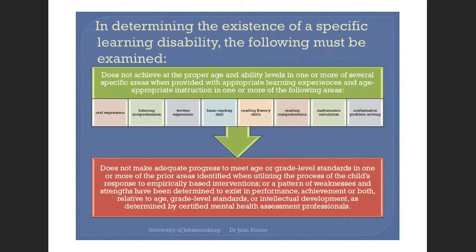So these are what we call the specifics, the specific areas where the organic disability in the brain is manifesting as problems that the child is having. So the child is not making adequate progress and not meeting age or grade level standards in these areas.